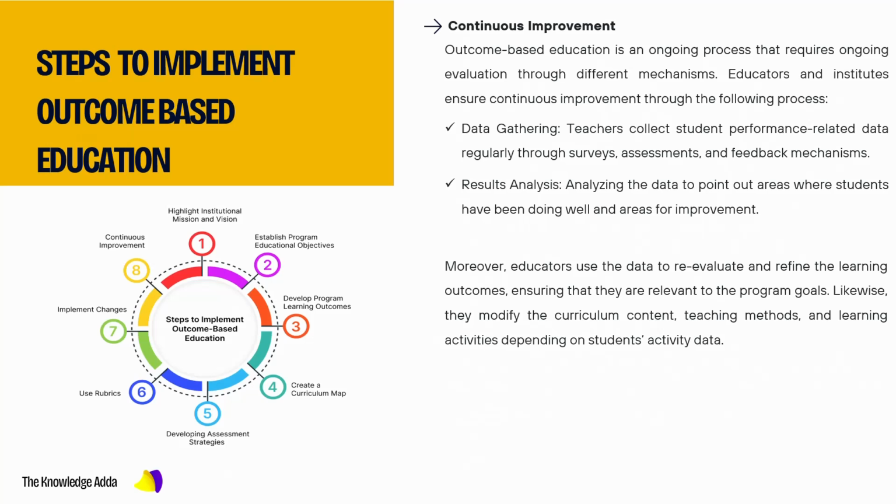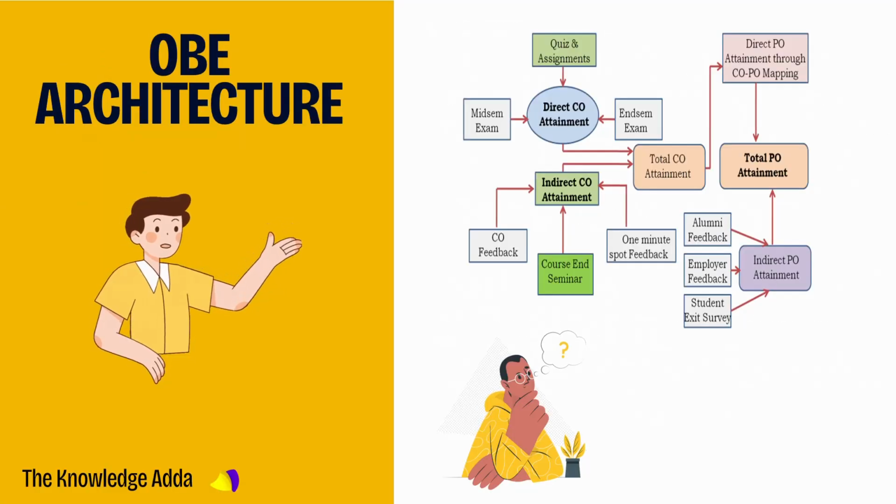Educators and institutes ensure continuous improvement through the following processes: data gathering and result analysis. Every semester the HOS or HOD should announce the result. According to this result, they can redefine their curriculum, their structure, their teaching pedagogy, everything. So result analysis is a very important thing if we are talking about outcome-based education.